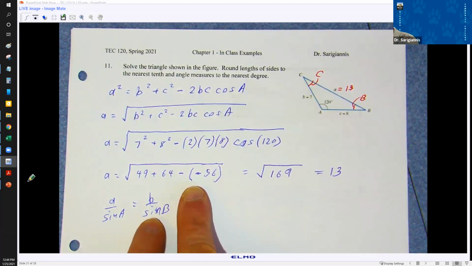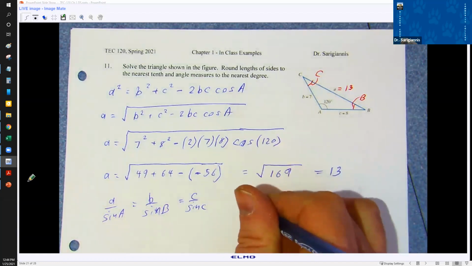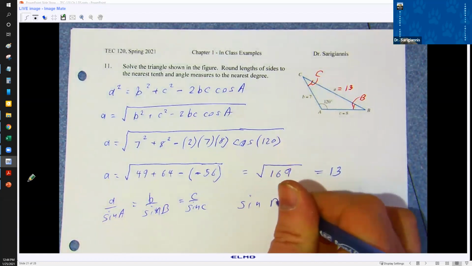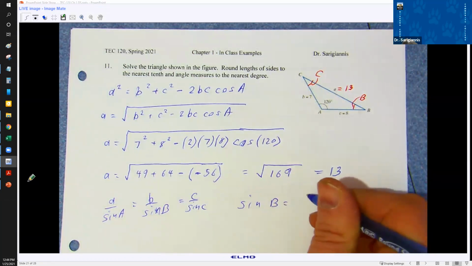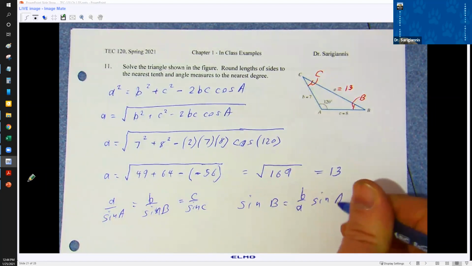So see it algebraically. We're going to bring this over sine B, we're going to bring the A under, and we're going to bring the sine A. So we're going to have an equation like this. Sine of B equals B over A sine A.